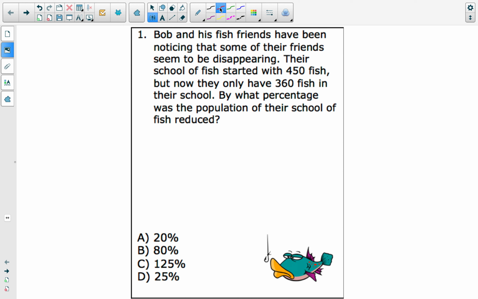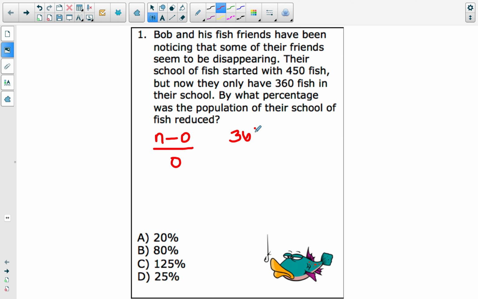So the formula that we've been working with is the new subtract the old divided by the old. So what is our new number? Well, judging by the word problem here, the new amount of fish is 360.